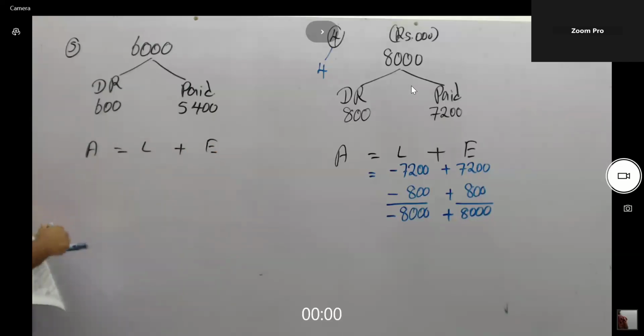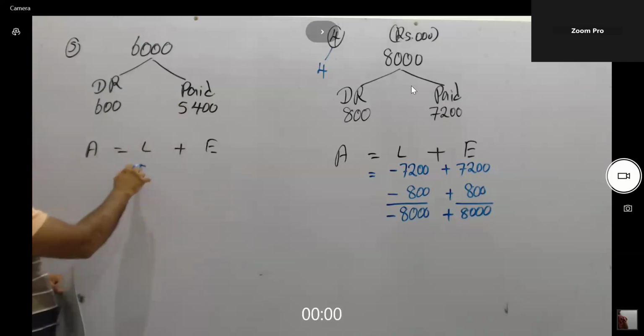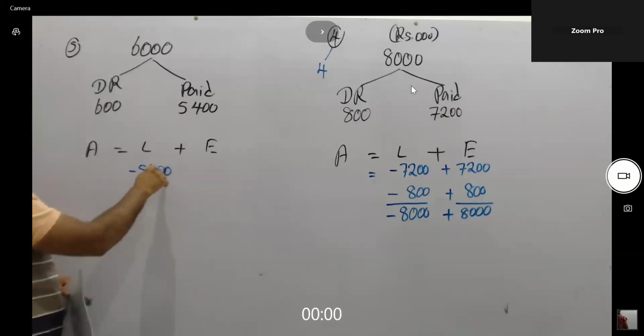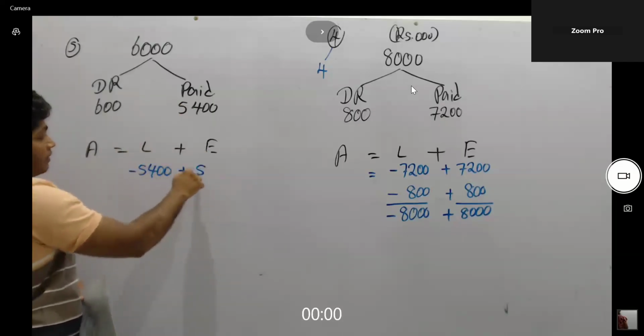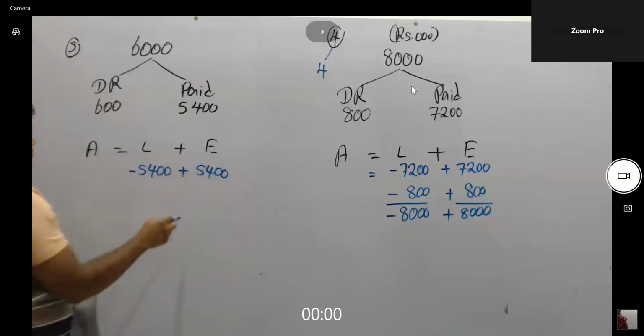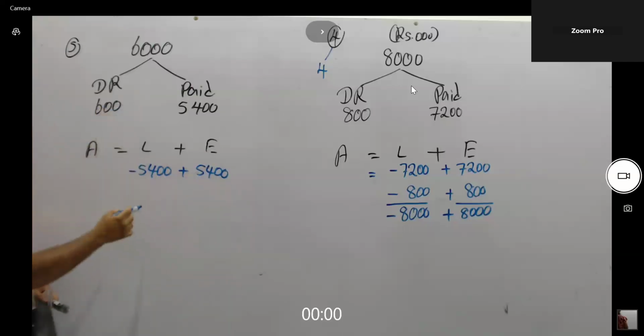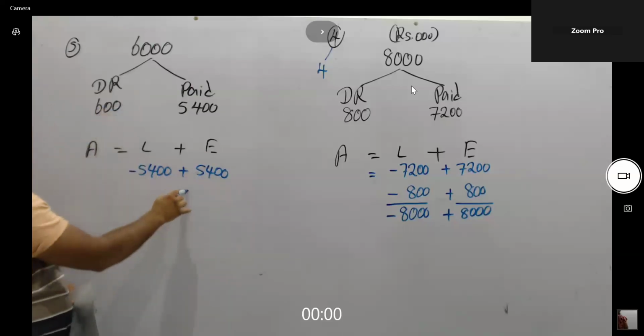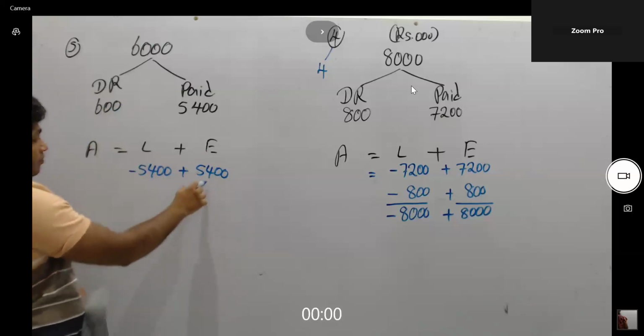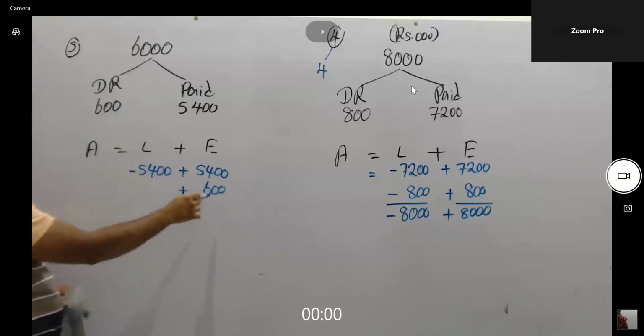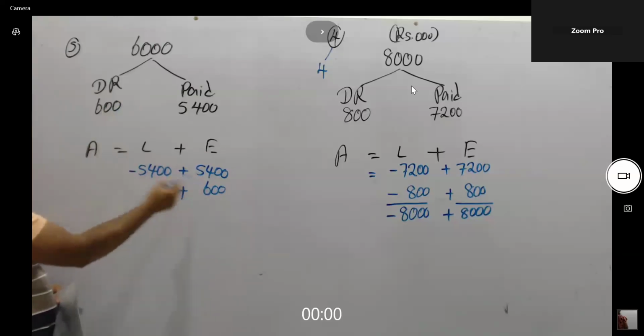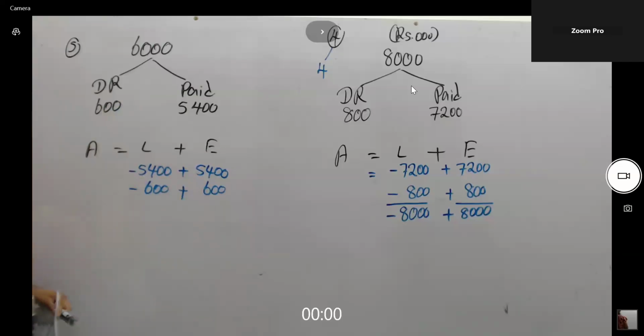There are two transactions. The first one is paid for creditors by the owner: liability decreases as well as equity increases. And the second one is discount received. Discount received is income, so equity increases.